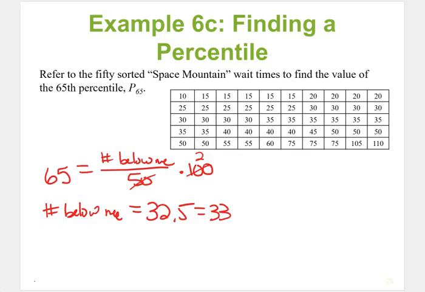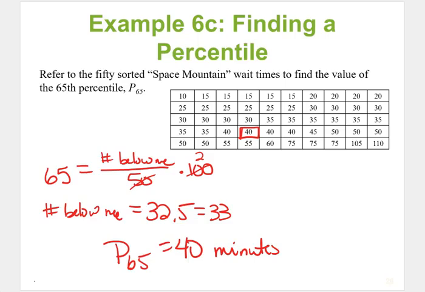So 10, 20, 30, 31, 32, 33. So that means I would be this guy right there. So the 65th percentile is going to be 40 minutes. Again, a very simple process, but a lot of students forget that it has to be the number below you.